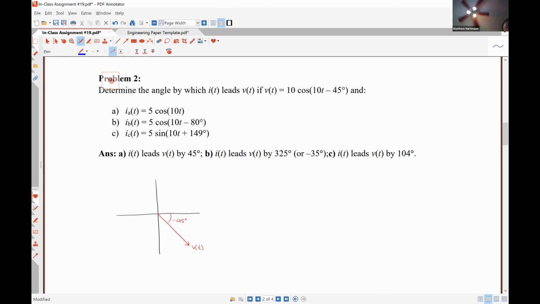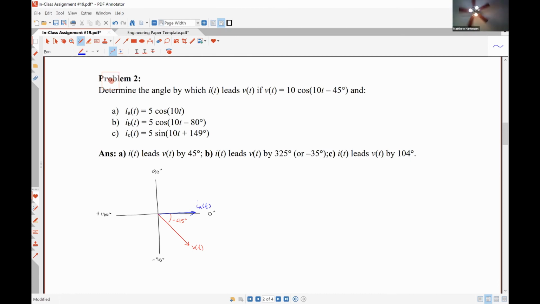So that's going to be on this axis with an angle of 0, where this is 0 degrees. Just to be clear, 0 degrees, 90 degrees, plus or minus 180 degrees, and negative 90 degrees. We want to determine the angle by which I_A leads V of t, where I_A is our curve in blue.